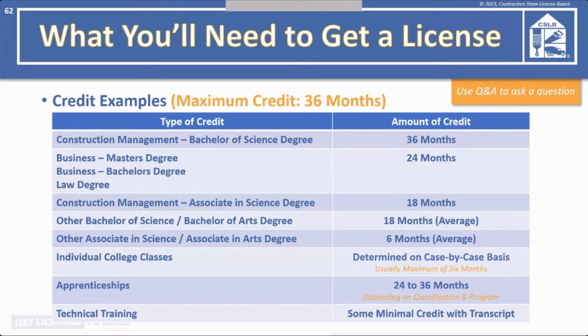Once again, if you're unsure, email classifications, and that's plural, classifications at cslb.ca.gov. List exactly what you're looking to do, and they will give you a determination of what classification or classifications you would need to perform that type of work.